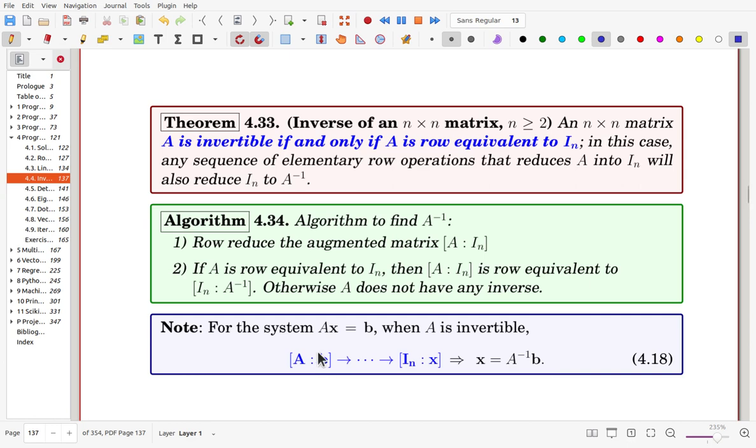If we start with, for example, the identity matrix, then exactly this portion will be A inverse, right?